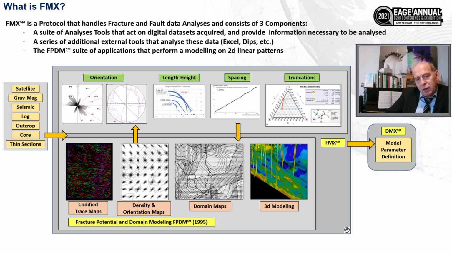On the base of the diagram we see some outputs of the FPDM protocol, which was launched in the 90s, produces codified trace maps, density and orientation maps, domain maps, and can be also extended in 3D. All of this to extract a series of fundamental parameters to use as input for the DMX modeling.